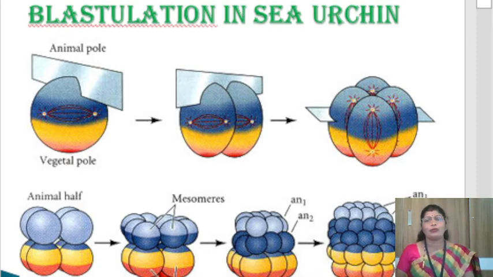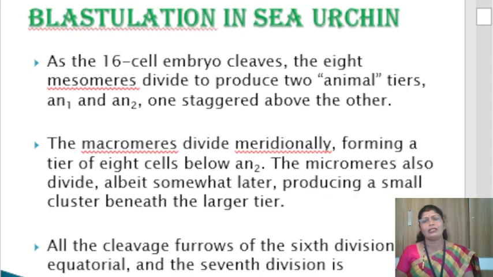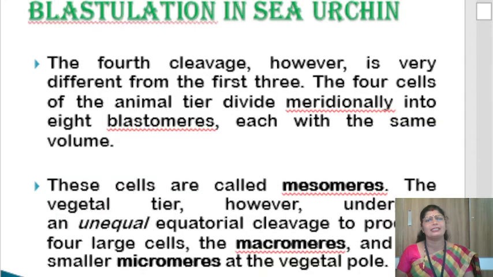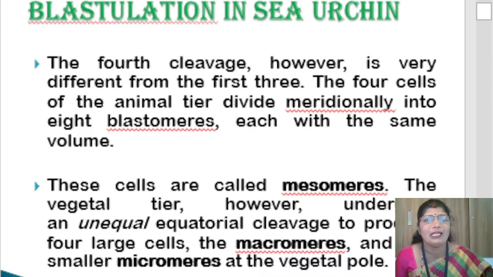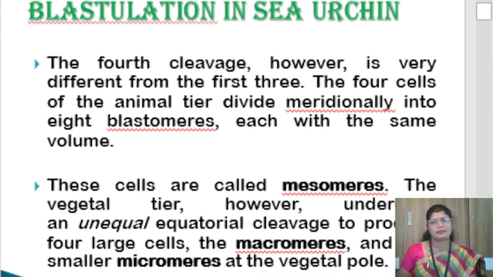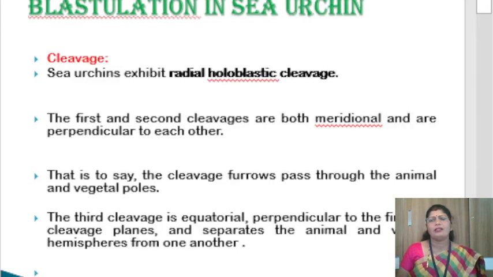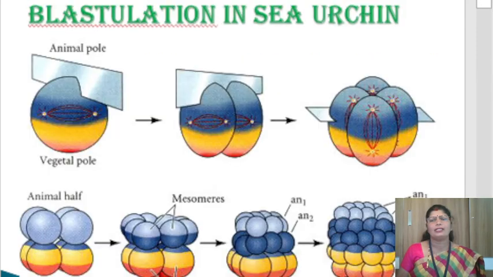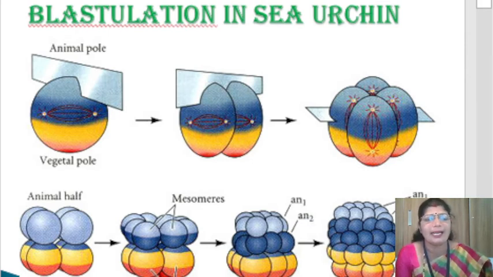Next, coming to the fourth cleavage. Here, the fourth cleavage is different in sea urchin. The fourth cleavage will be very different from the first three cleavages. So what will happen in the animal pole? In the animal pole, you can see that the fourth cleavage will act separately at the animal pole and the vegetal pole.